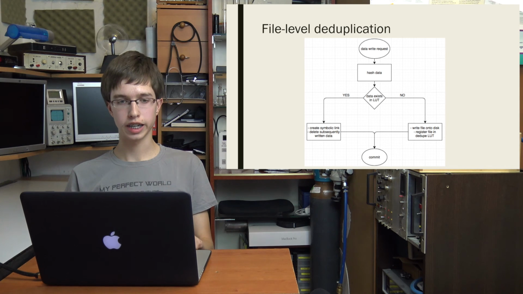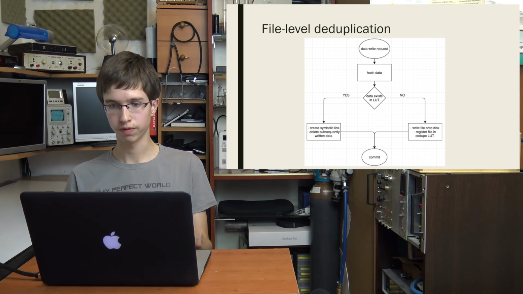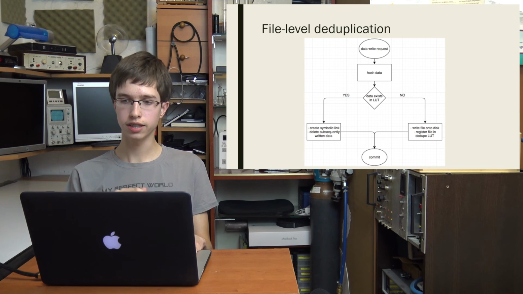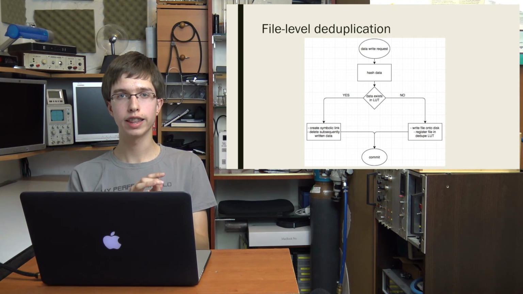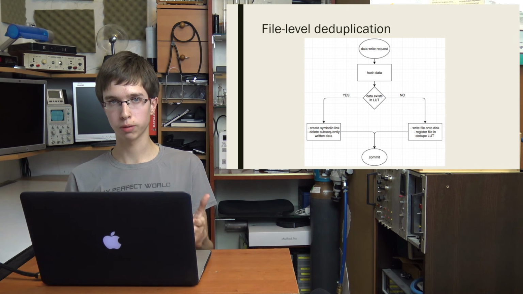File level deduplication. This type of deduplication occurs on file level within the file system. When a file is written in cache memory or onto the disk, the computer hashes the entire file, and then it compares, firstly by name and then by the hash, if that data exists in the deduplication lookup table.